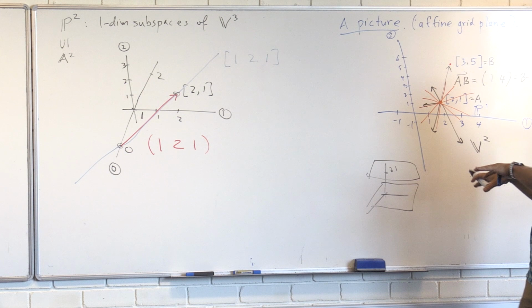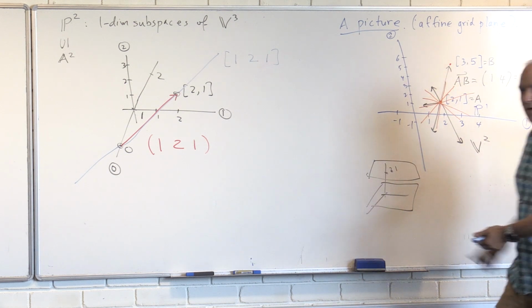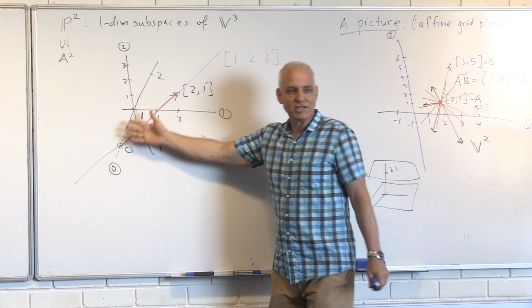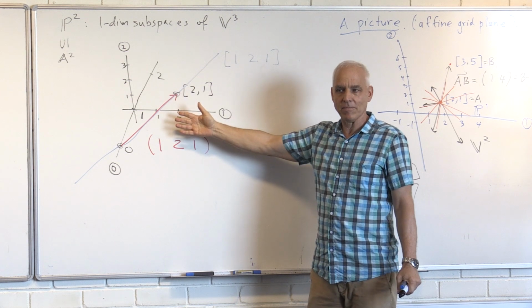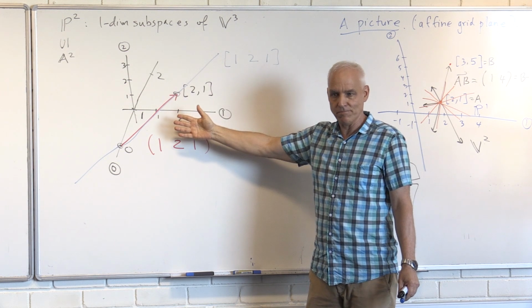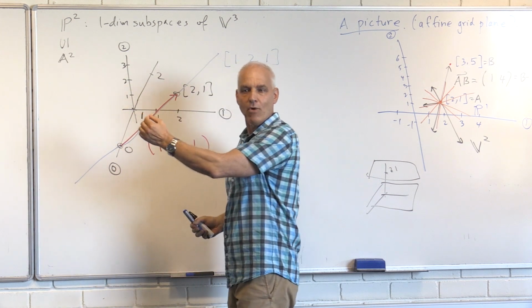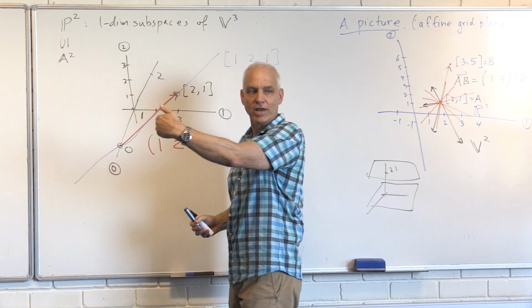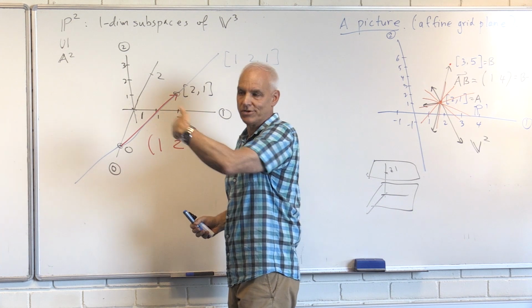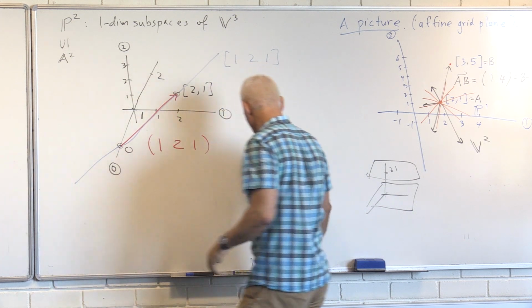I want to change that point of view so that the plane of the board is our usual affine plane, and we're imagining that the origin is out here somewhere along some third axis coming out. In what direction doesn't matter because it's all just affine geometry.